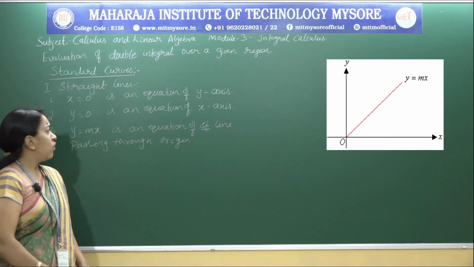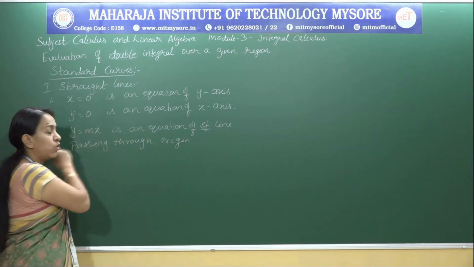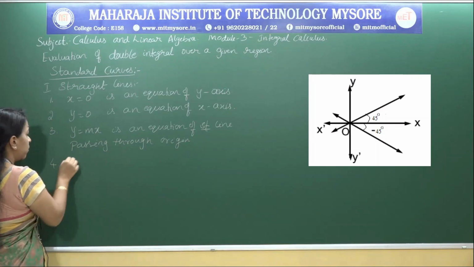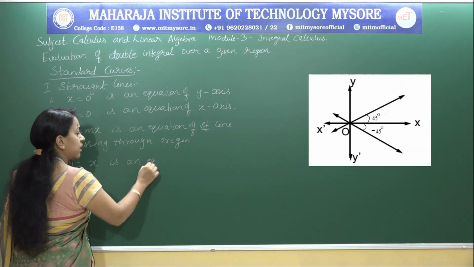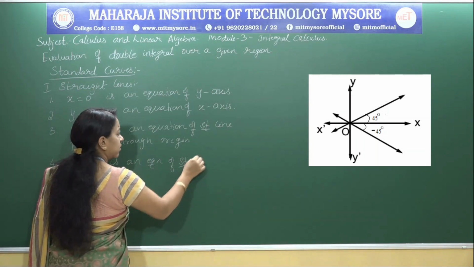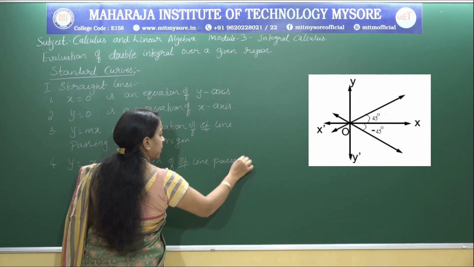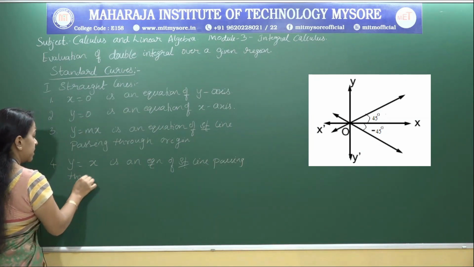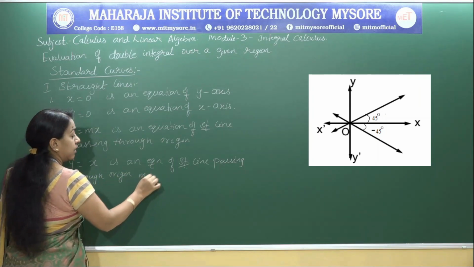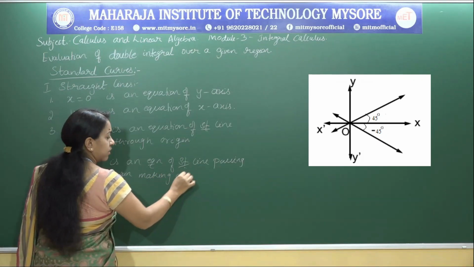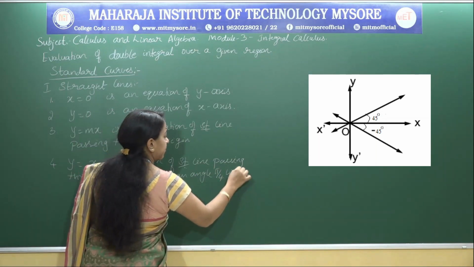So whenever they give you y equal to mx, then we should draw a line which passes through the origin with a slope equal to m. And if I have y equal to x, then this again represents the equation of a straight line. Again it passes through the origin, making an angle pi by 4 with the x axis.